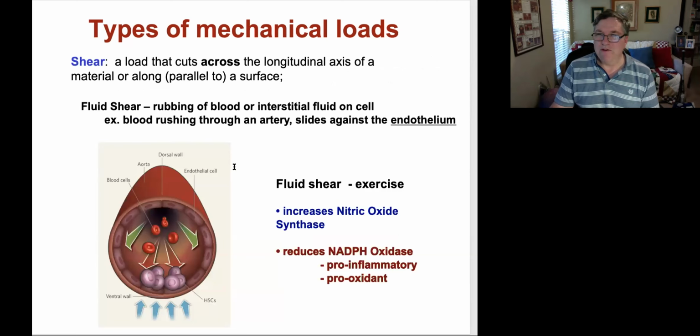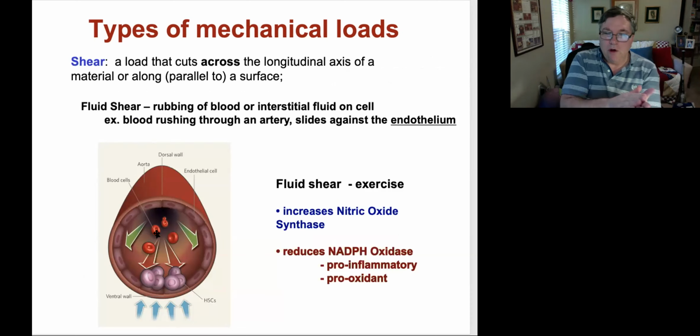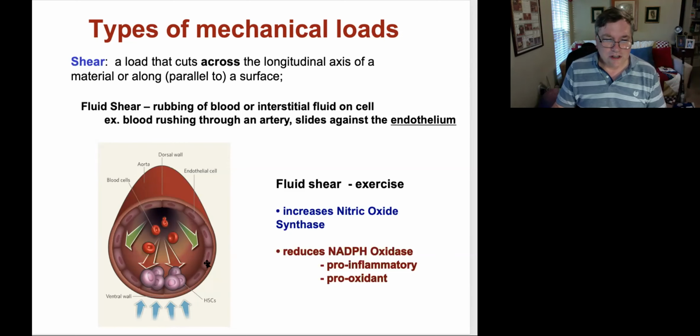Sometimes shear can be your friend. Like fluid shear, the shear force produced by blood flowing over the endothelium. The more laminar that is, and the faster the flow, the better it is. Your endothelium picks that up. It signals nitric oxide synthase to release nitric oxide. Nitric oxide chills out the smooth muscle cells by increasing something called cyclic GMP.